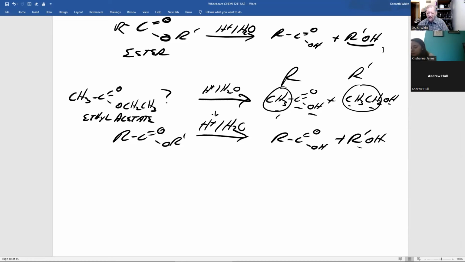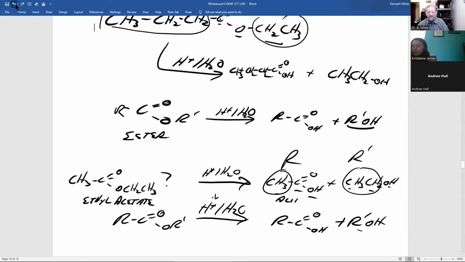And what's this? Acetic acid. And this is ethanol.